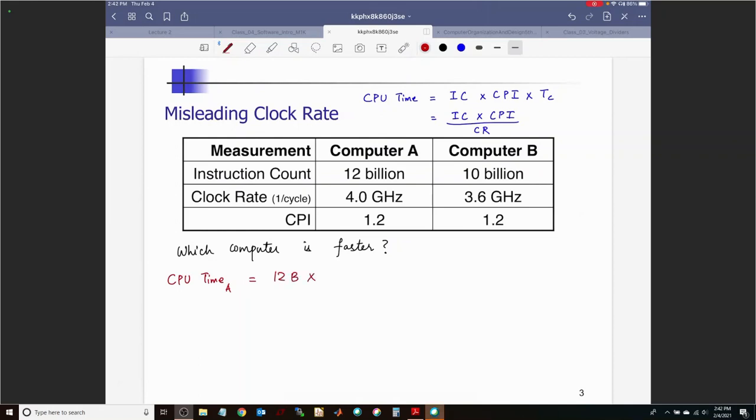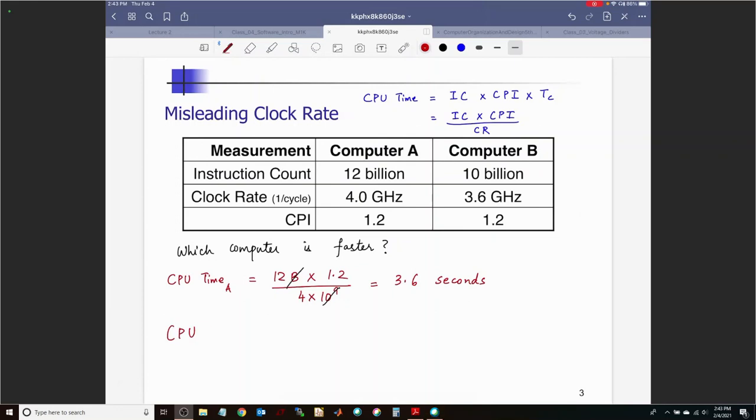For CPI, I'm going to use 1.2. And for clock rate, I'm going to divide by 4 gig, 4 times 10 to the 9. So this cancels out, and you are left with 12 times 1.2 divided by 4, which is about 3.6, and that is in seconds. So CPU execution time for computer A works out to be 3.6.